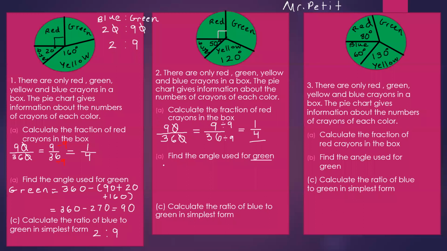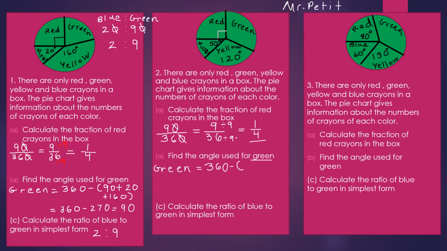Now for green, we have to add up all of the angles inside of the circle and then subtract that from 360, because 360 is the sum of the total angles in the circle. So it's going to be 360 degrees minus the sum of 90.